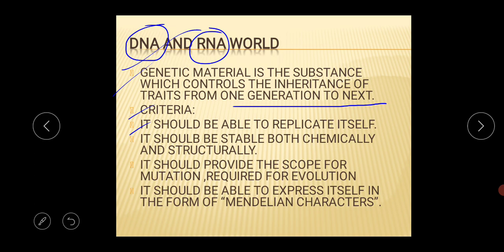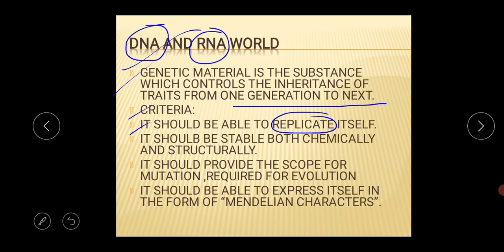What is the meaning of this? It means the duplication of its genetic material by faithful replication, and the precise distribution among the new cells by cell division. What is the meaning of replicate? In normal terms, replication means xerox. So it should be able to xerox itself.